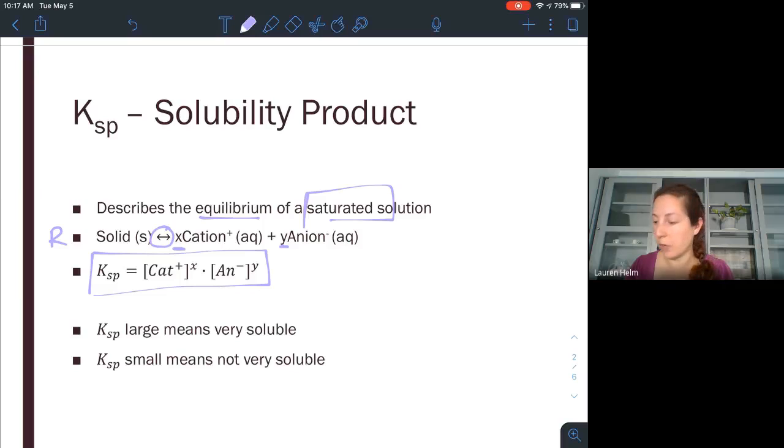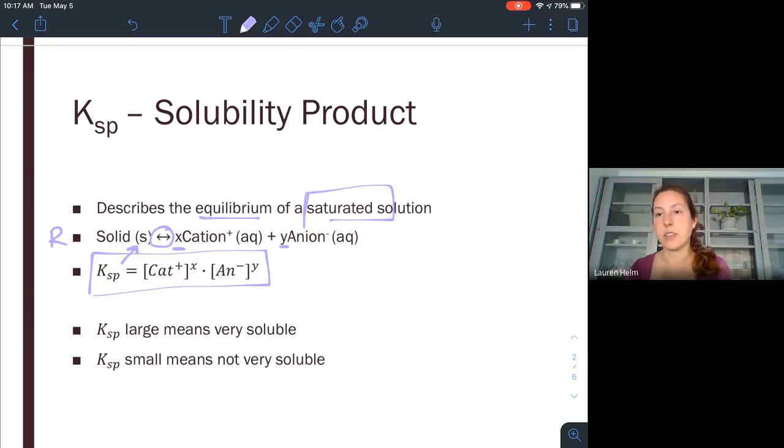Why is there nothing on the bottom? Because our reactant is a solid. Solids and liquids never impact our equilibrium expressions. They don't have a meaningful impact on that value. So they're always going to follow this pattern.